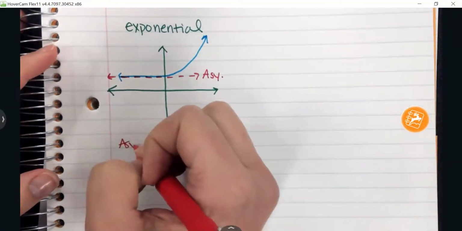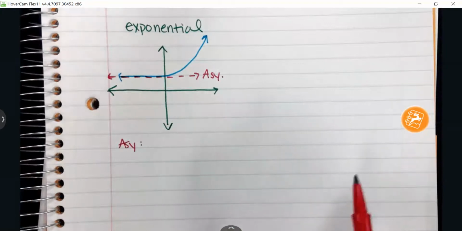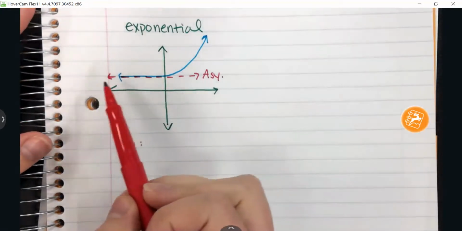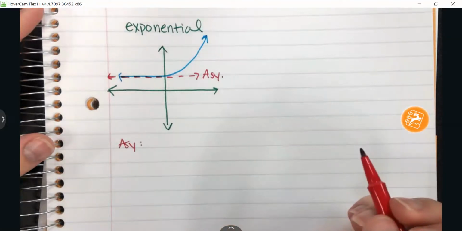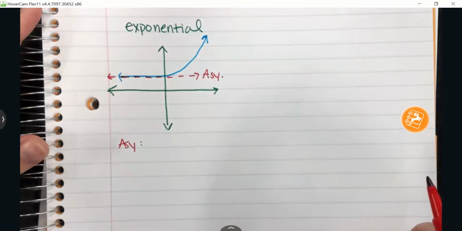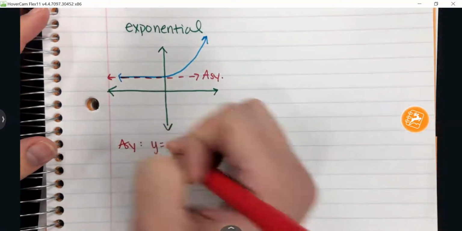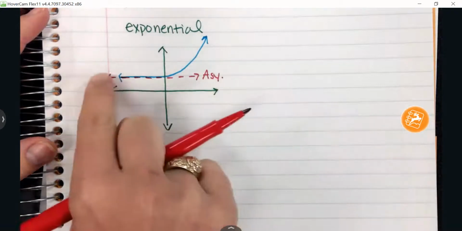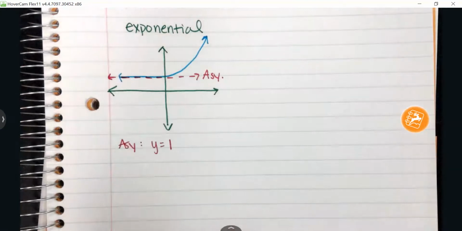An asymptote is a line. A line has to start with a letter. So is this graph going to say x equals or y equals? What axis does it cut? The y-axis. So it's cutting the y-axis at the number that it crossed, and we're going to say that's a 1 for one grid line up, okay?